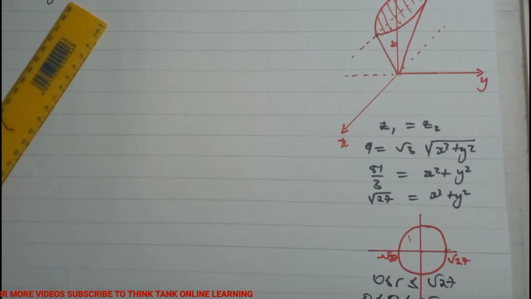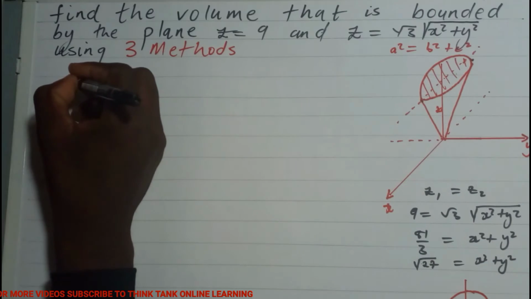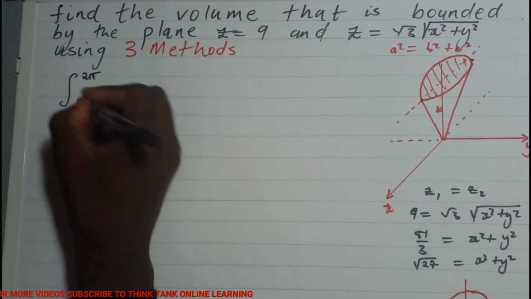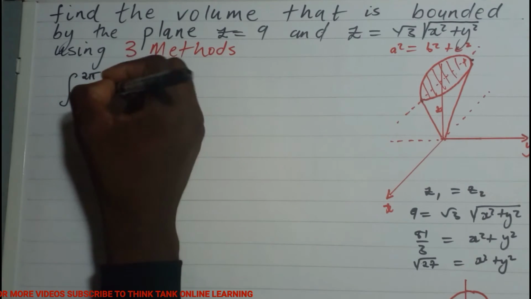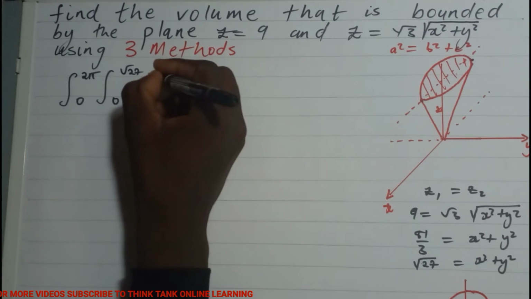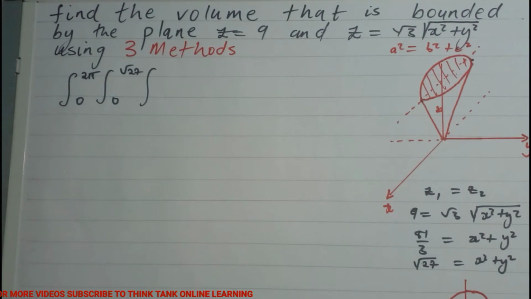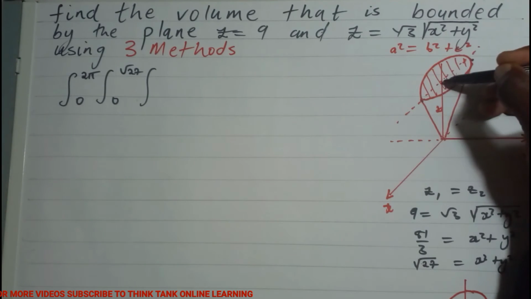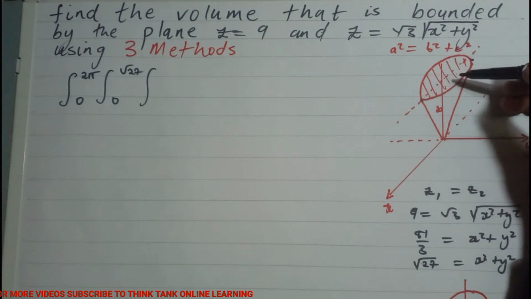Since we're finding the volume, we need a triple integral. We have 2 pi to 0 for the angle, and root 27 to 0 for the radius. What about z? This plane is the top part of the cone, so automatically it's the upper limit.